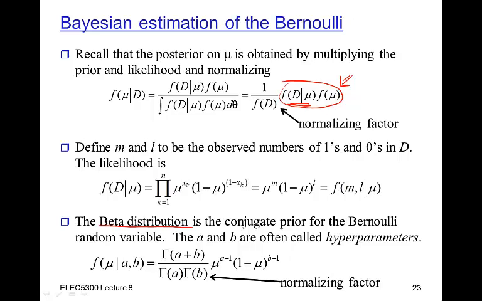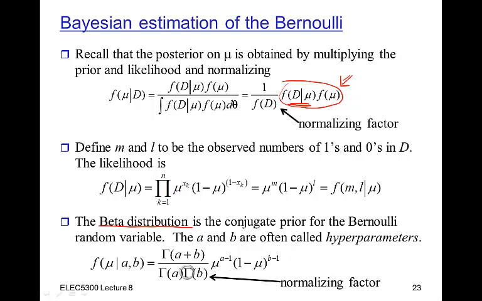The conjugate prior here has this form. It looks a little bit complicated. There's a gamma function inside here, but you don't have to worry about it, because the only thing this gamma function does is make sure that when I integrate this whole probability density function over mu, the whole thing integrates to 1.